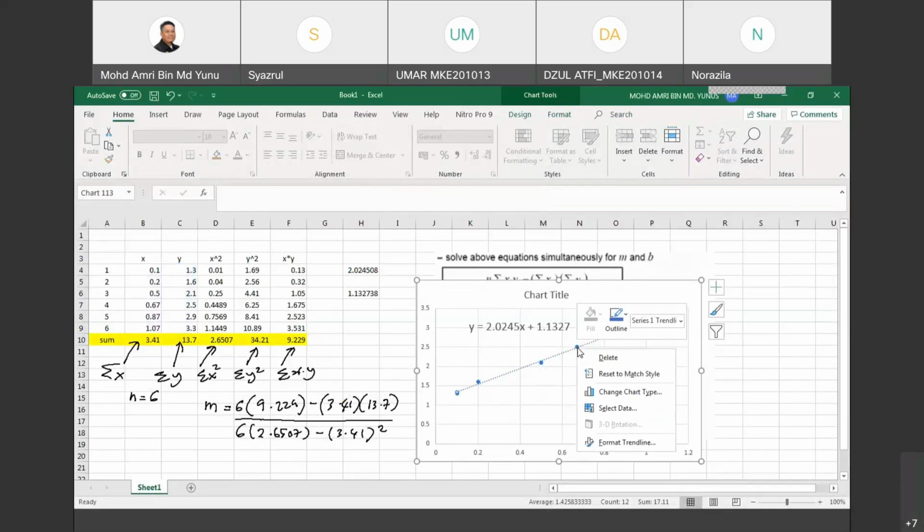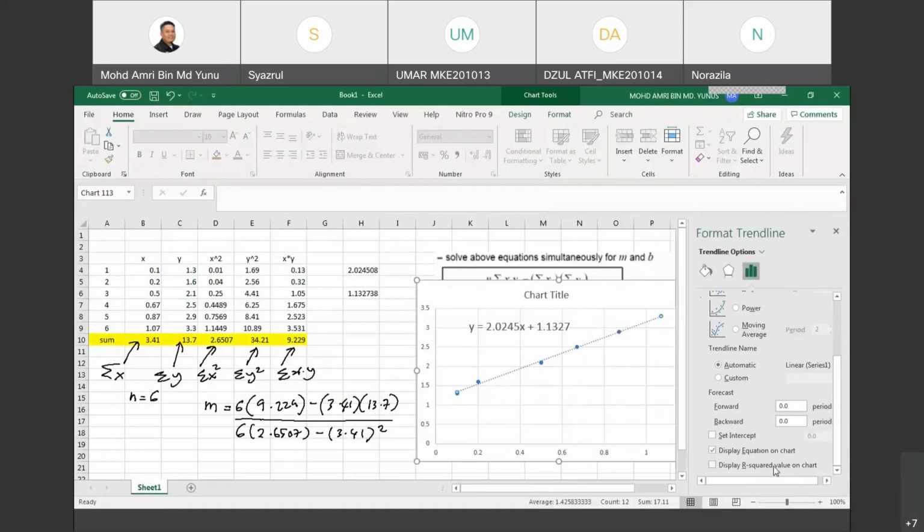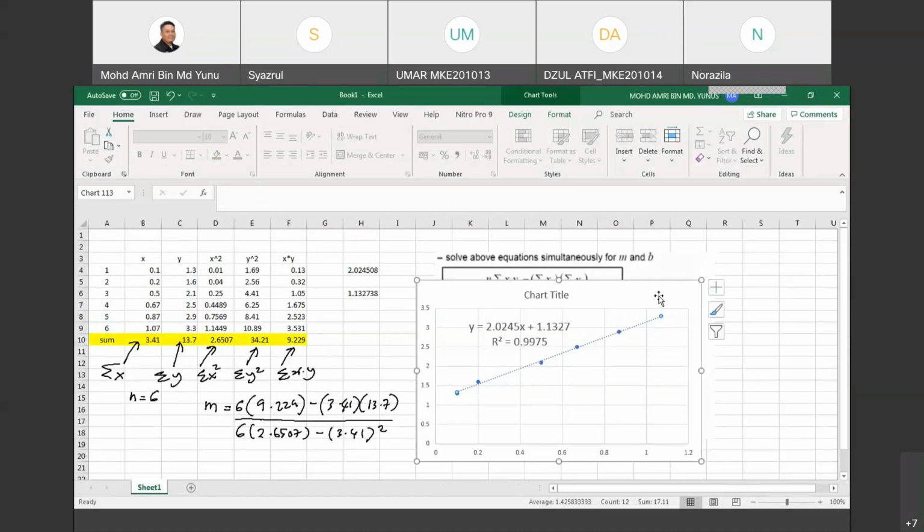Go to the format trend line, and show this R square value on the chart. So here R square is 0.9975, which means that the data is distributed very close to the linear trend line. So it's a good indicator of the quality of the linear trend line in correlation with the data distribution. Okay.